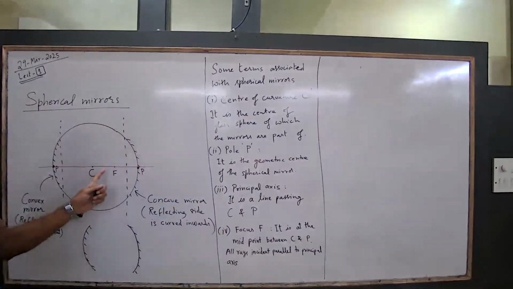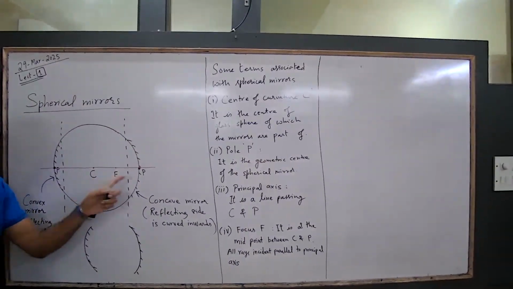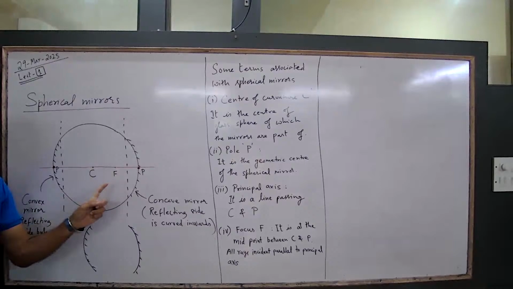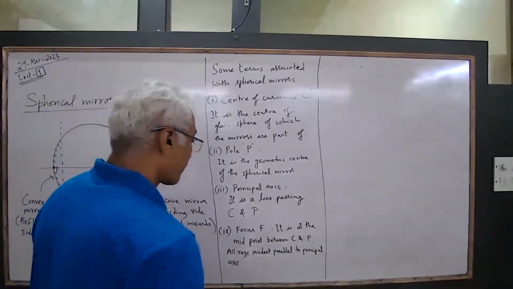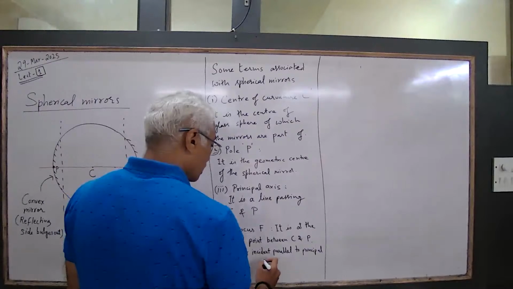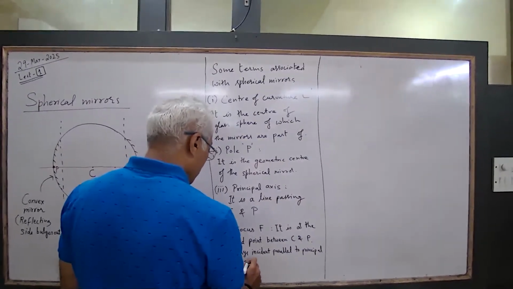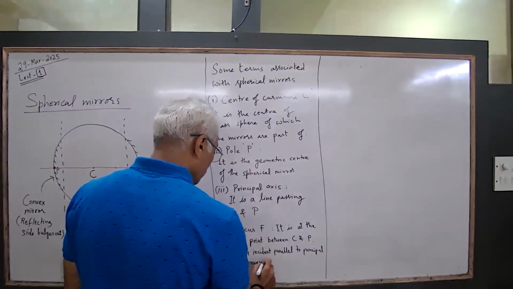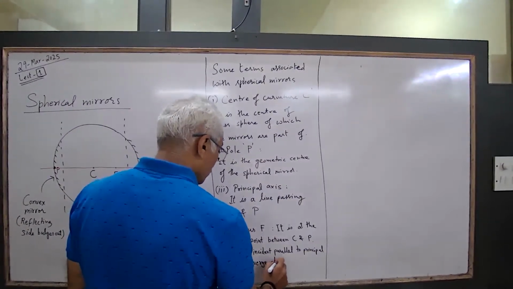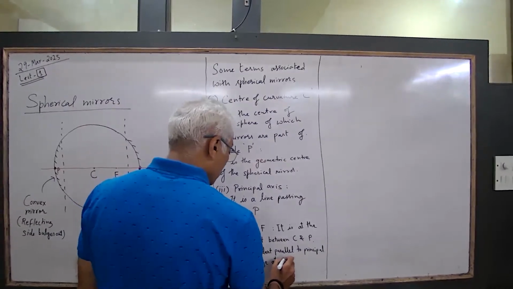It is a point on the principal axis. The line joining CP is the principal axis. So focus is a point on the principal axis. All rays incident parallel to the principal axis converge at the focus.